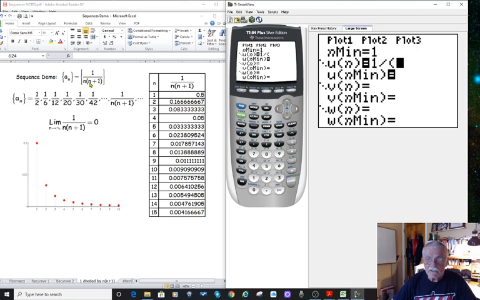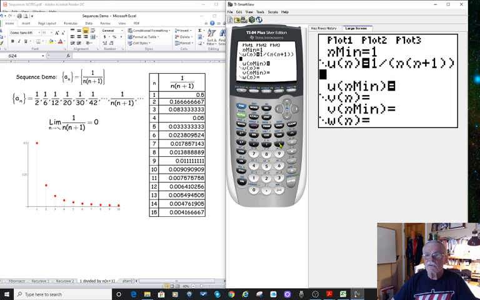we want to divide by this entire expression. So now we want the n, and when you're in sequence mode, pressing this key here will give you the n. In polar mode, it gives you theta. In parametric mode, it gives you t. In function mode, it gives you an x. We're in sequence mode, so if you want the n, you just hit this, and then parentheses, n plus 1, close paren, close paren.